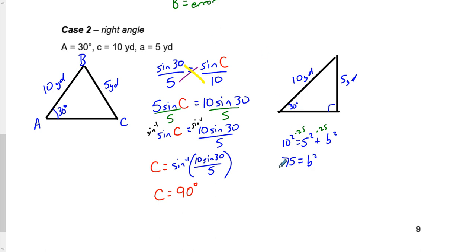Square root of 75, approximately 8.7. And you can take your 180, subtracting 30, subtract 90, will give us a 60-degree angle up here. So we have a right triangle. So there's not too many things that are uncertain or left to interpretation here.